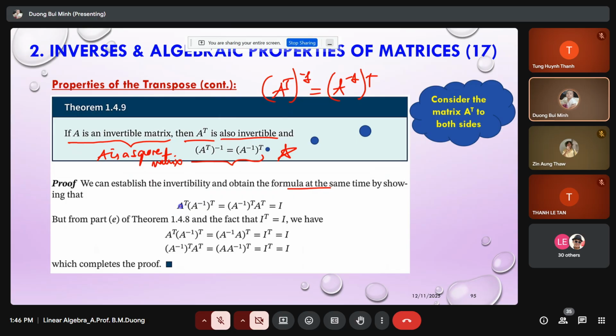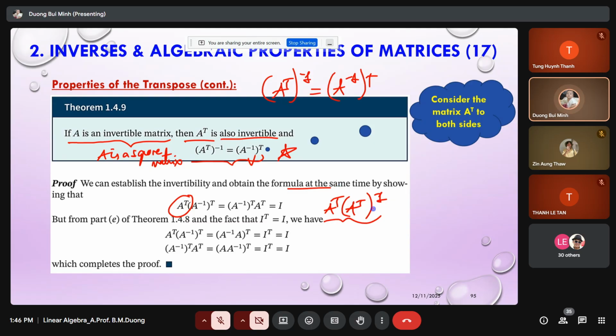So we can demonstrate it. If we multiply by the transpose of A here, and assume this is correct, then the transpose of A times the inverse of the transpose of A. This is the property of the inverse, right?